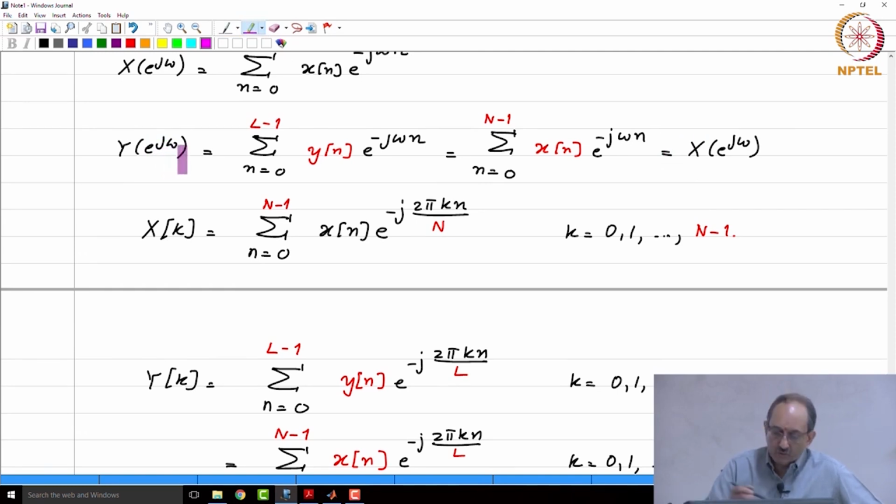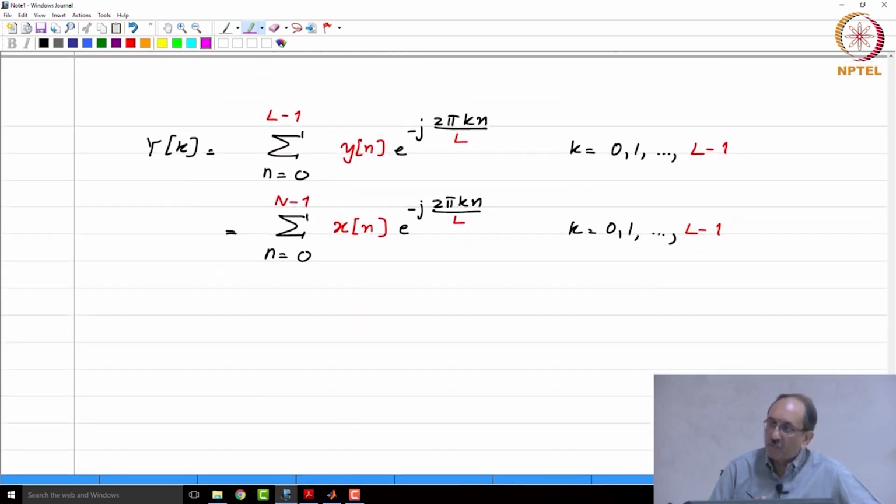But what you have done now is by 0 padding you have evaluated the underlying DTFT at a finer set of points. So the DTFT remains unchanged, but when you 0 pad you sample the DTFT at a larger set of points. That is the only thing that happens.